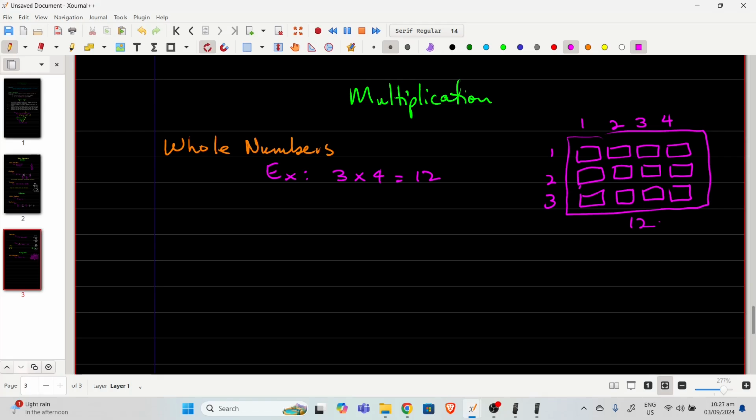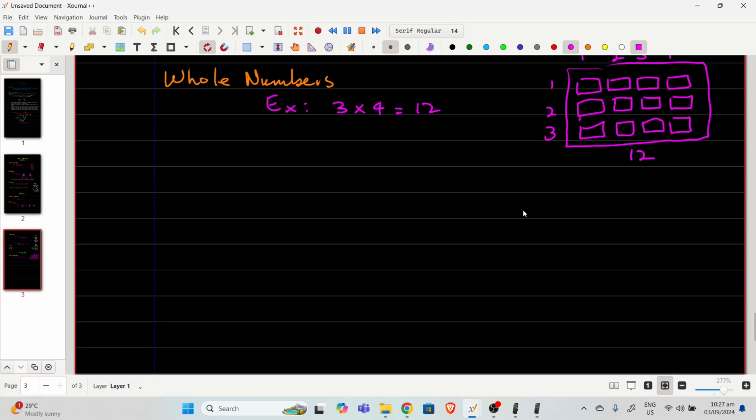All right. Let's go on to fractions. The example. Let's say you have 2 over 3, smaller fractions, multiplied by, let's say, 3 over 4.